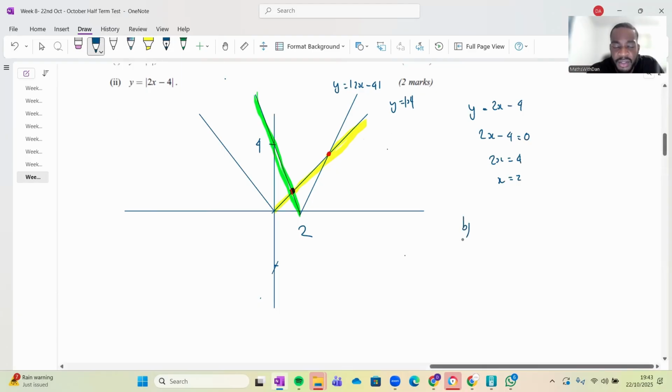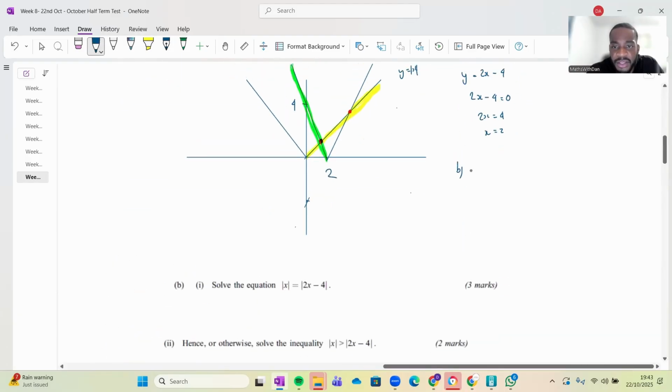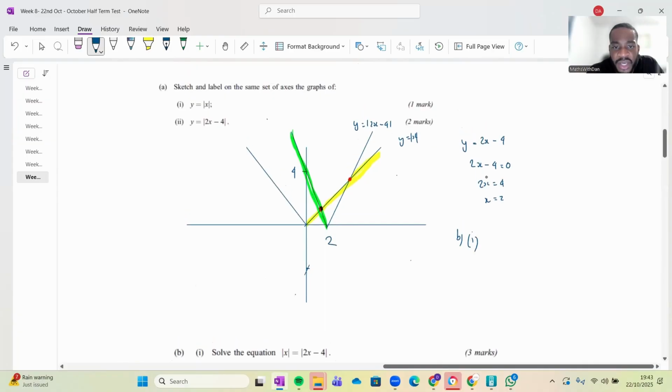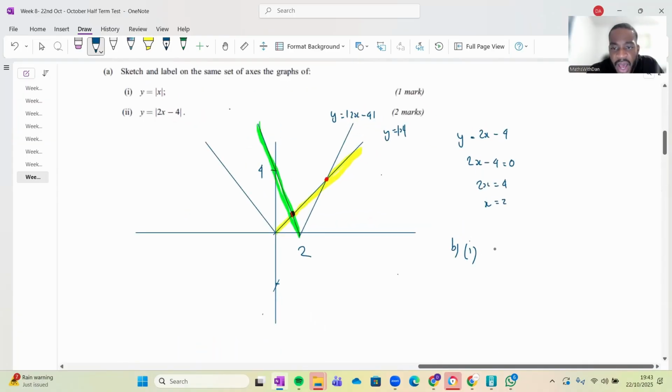The first solution, which I'm going to call solution one, I'll do part B here. Solution one: the first equation is going to be when x, remember this yellow graph is y equals positive x, it's going to intersect with this part here. That downwards green graph is the graph of negative 2x minus 4.